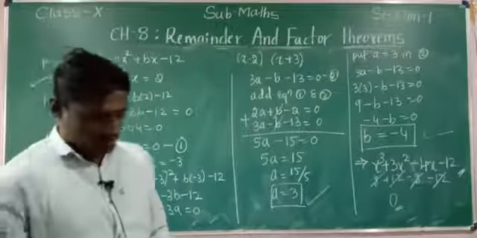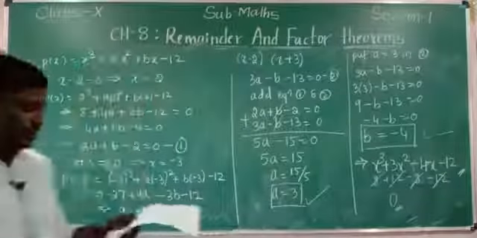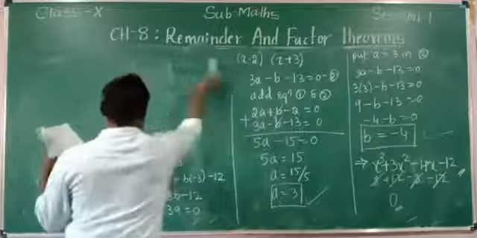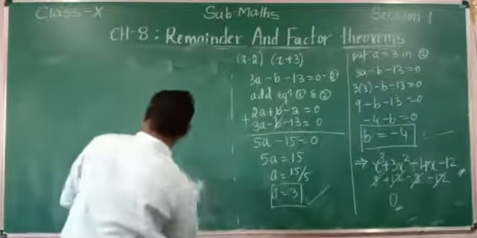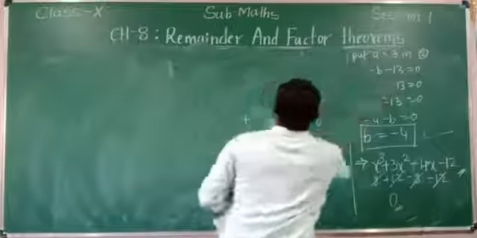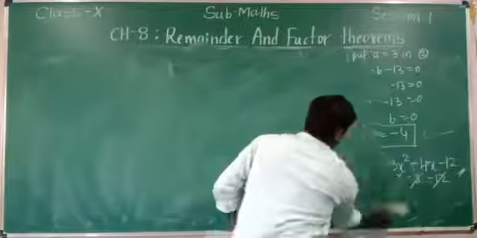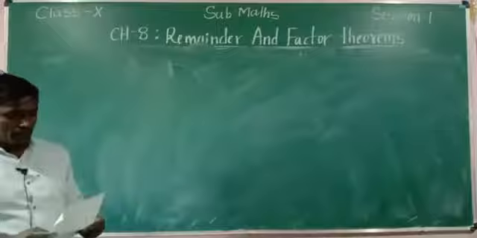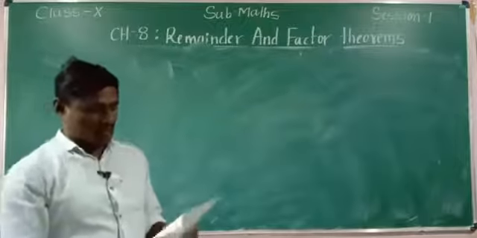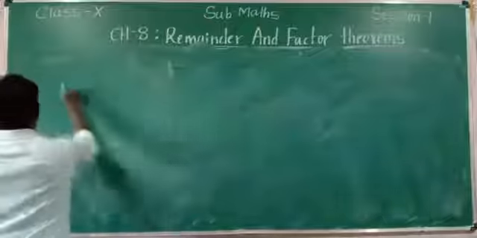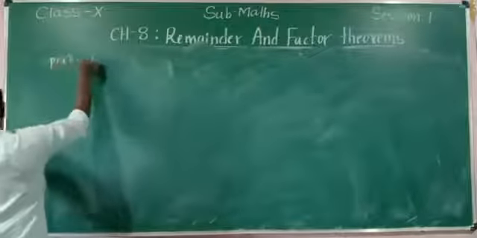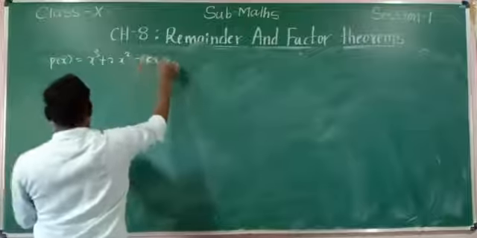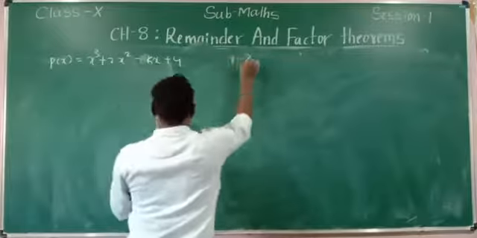Find the value of k when p of x is equal to x cube plus 2x square minus kx plus 4 is divided by x minus 2.